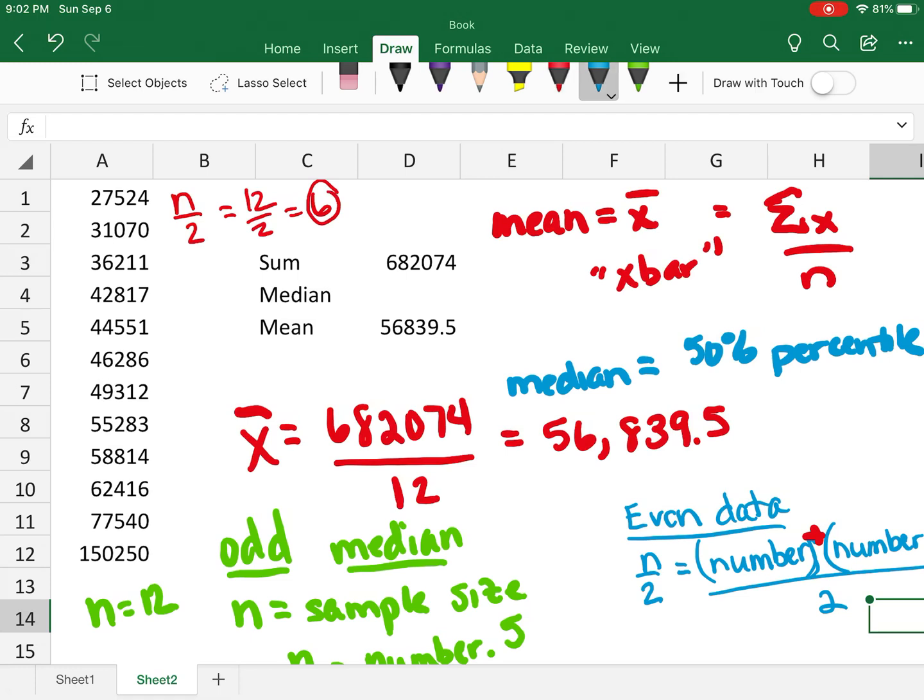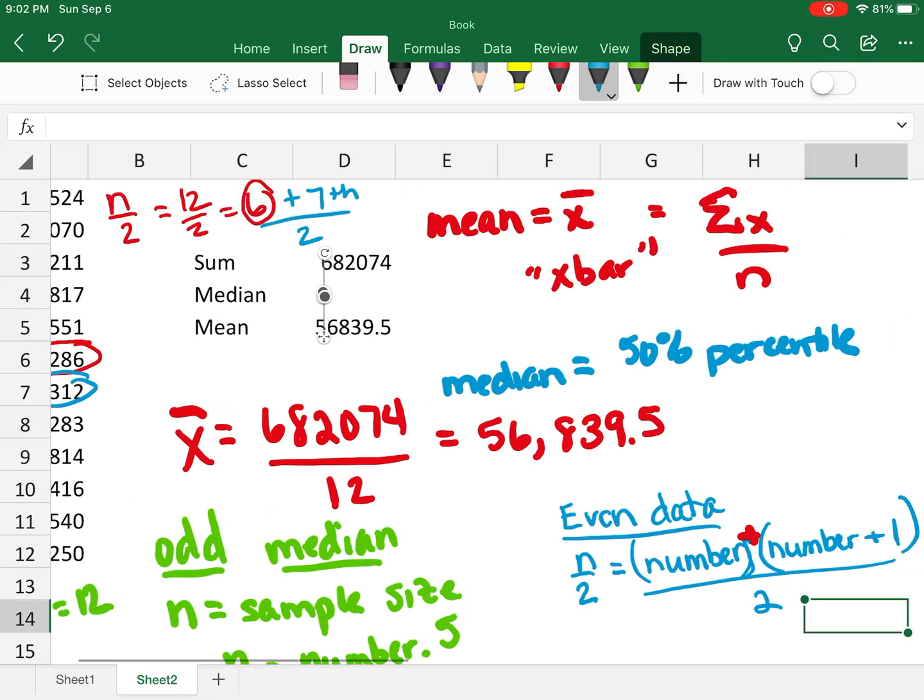I'm going to find the 6th observation, add it to the 7th observation, which is your second median, and divide those by 2. So in this case, the 6th observation would be here. That's the first median. The 7th observation is here. That's the second median. I'll add them up and divide them by 2. And I'm going to let Excel do that for me.